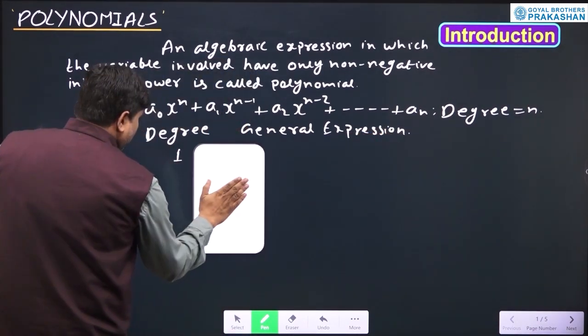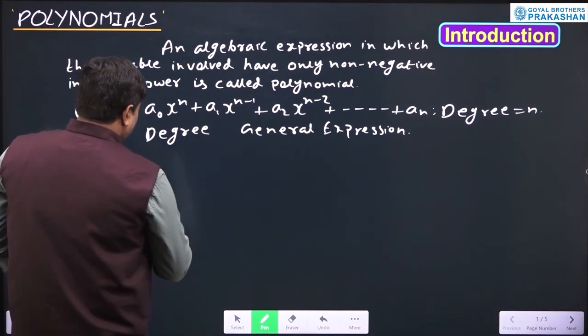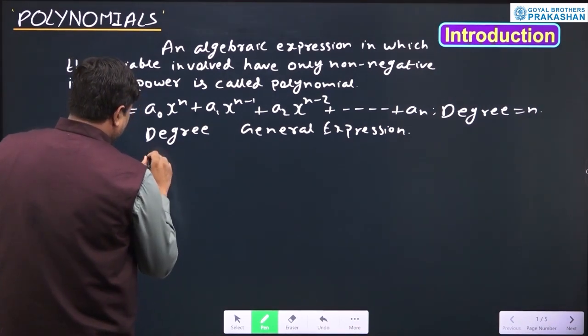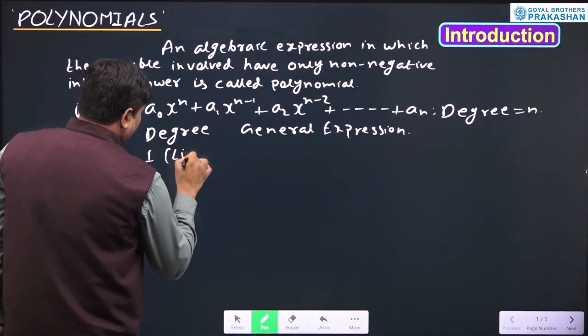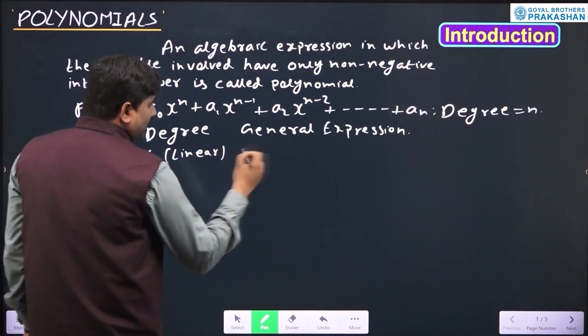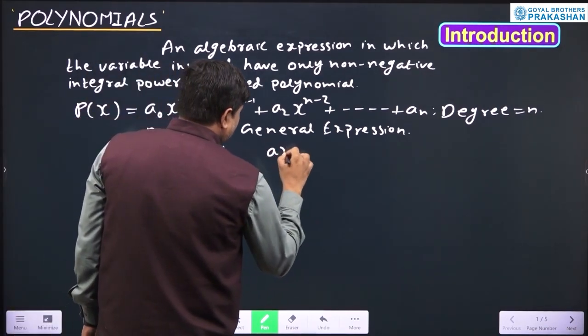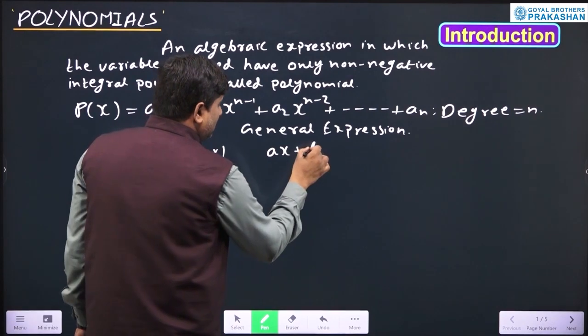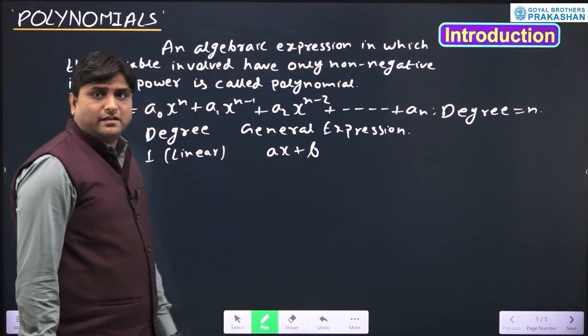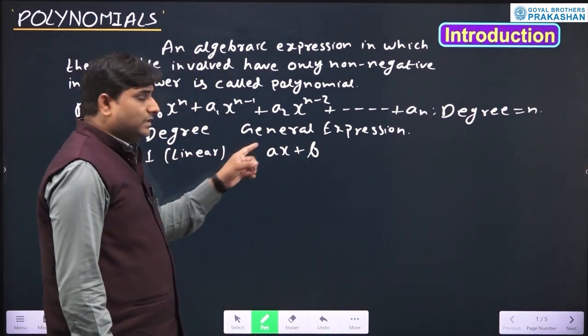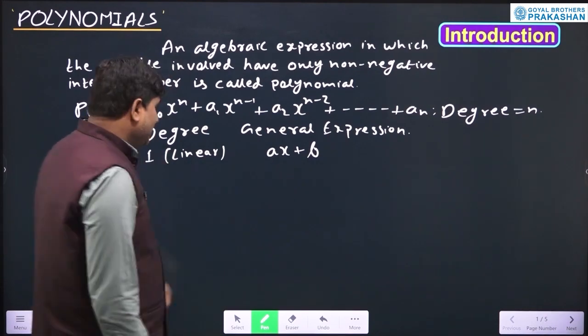If the polynomial is linear, the degree is 1, and its general expression is ax plus b. So in general, a linear polynomial is represented as ax plus b.